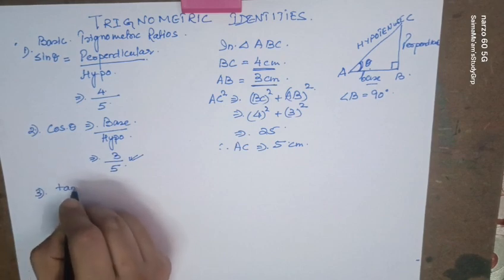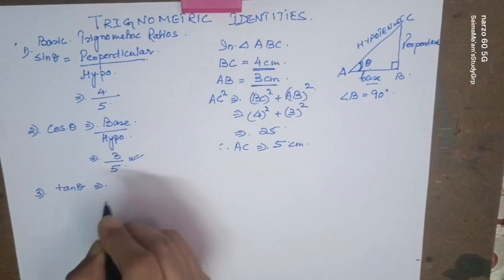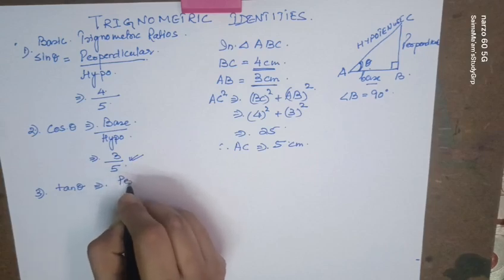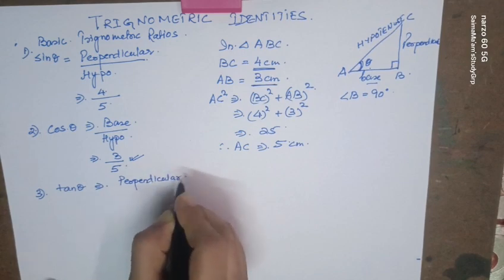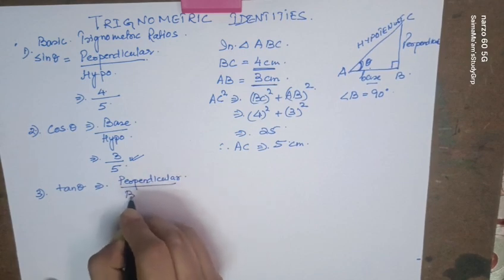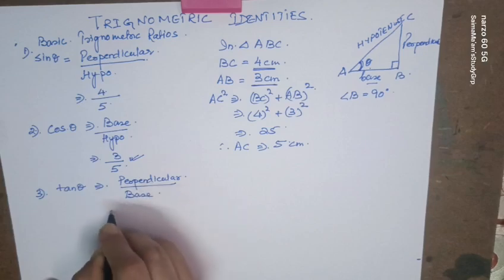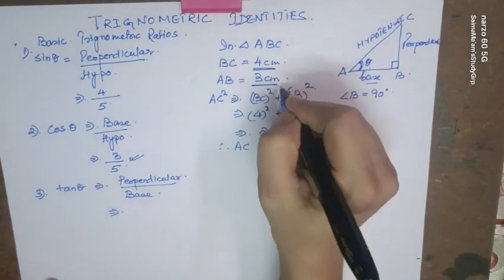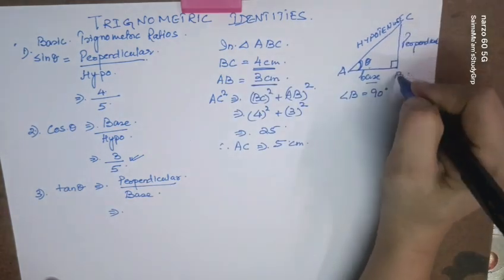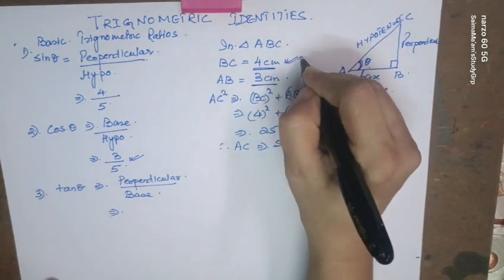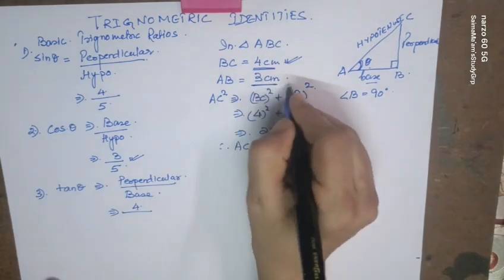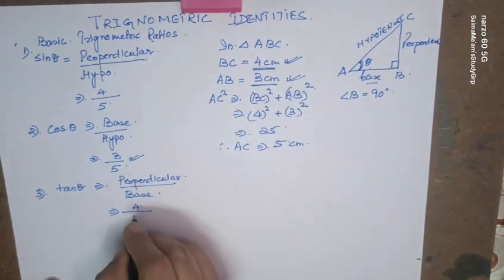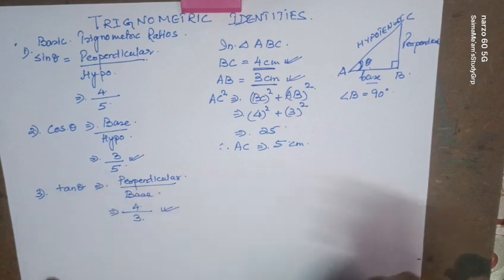Tan theta is equal to perpendicular divided by base. The perpendicular is BC, which is 4 centimeter, divided by base 3 centimeter. So the value of tan theta is 4 by 3.